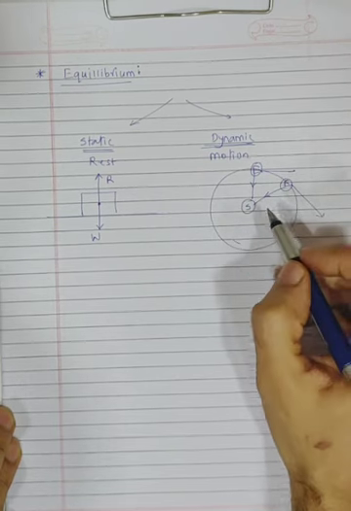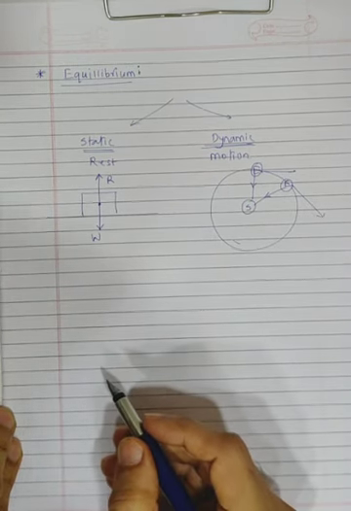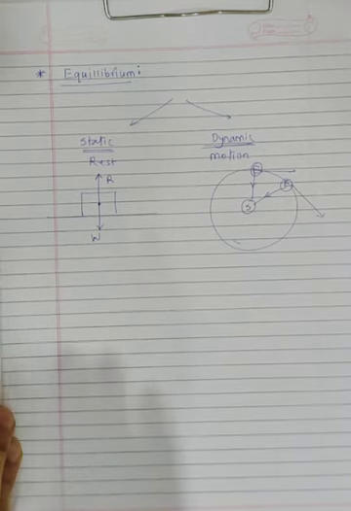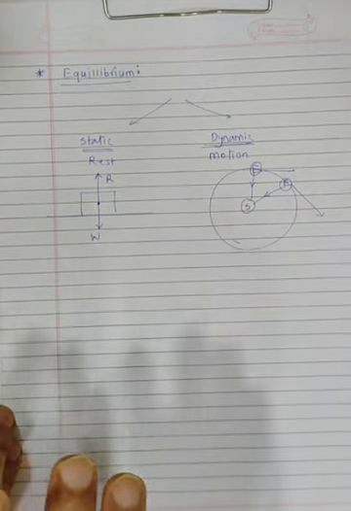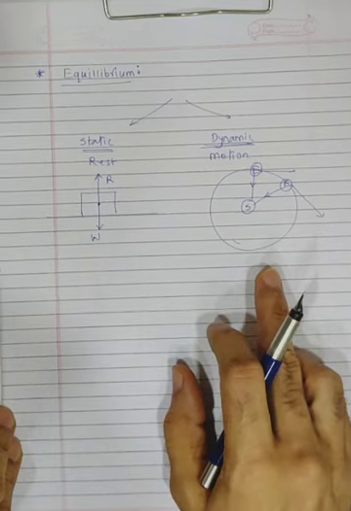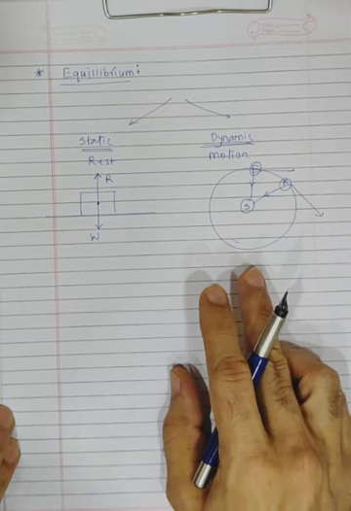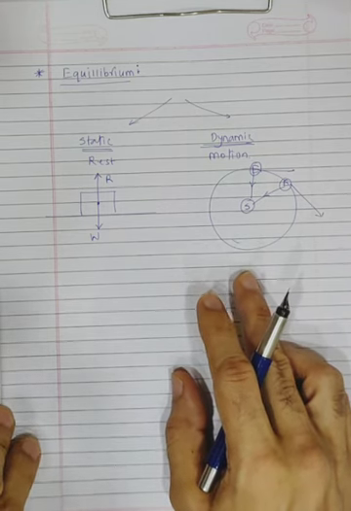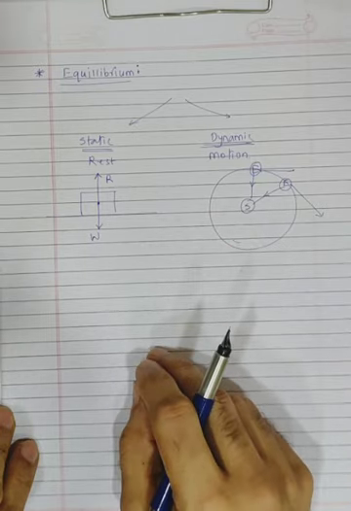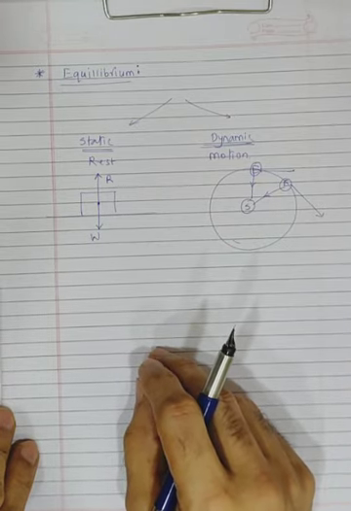So that is called what? A dynamic equilibrium. If an aeroplane is moving at a constant height, when will it move at a constant height? If the downward force and the upward forces are equal. So if it is going at a constant height, it means the aeroplane is also in what? Dynamic equilibrium. Okay, so these are the examples of equilibrium, static and dynamic equilibrium.